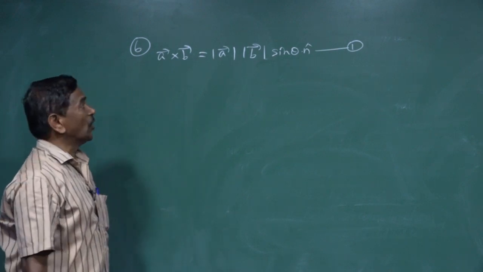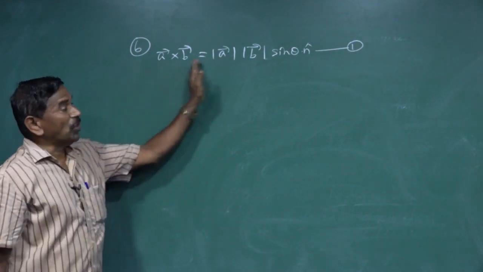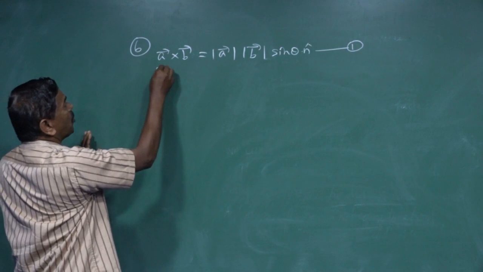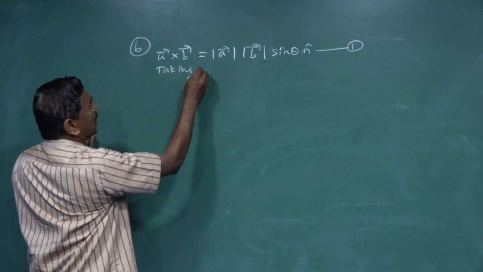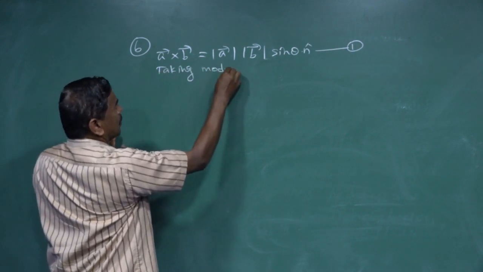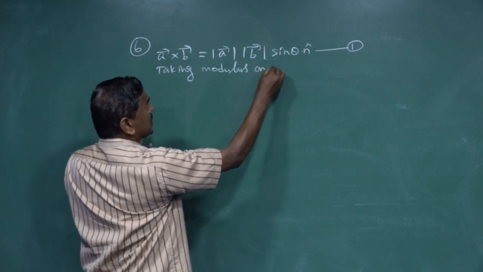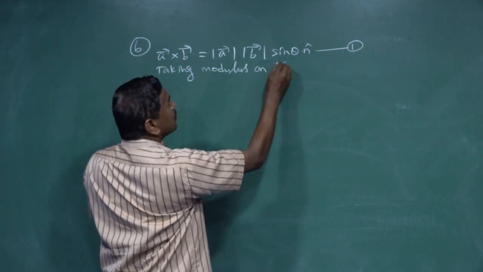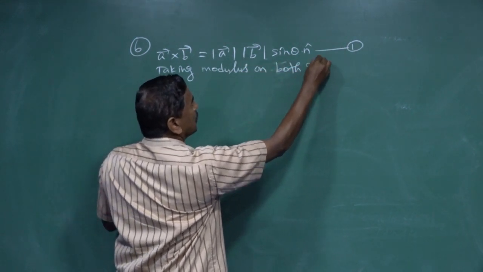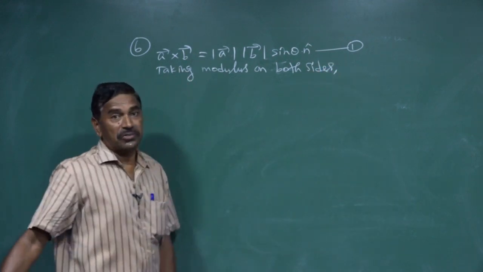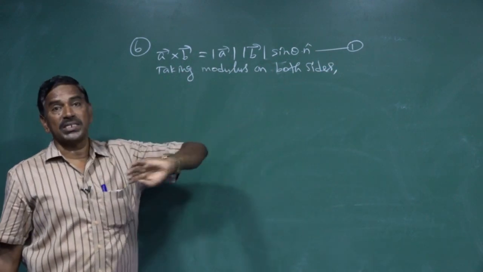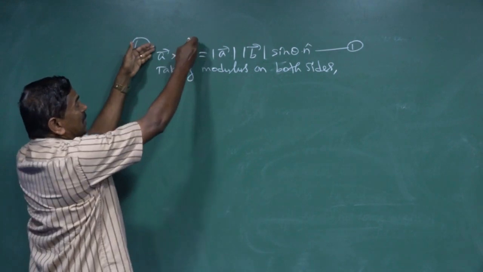Now, taking modulus on both sides. Taking modulus on both sides, what happened? The left-hand side is the total modulus.